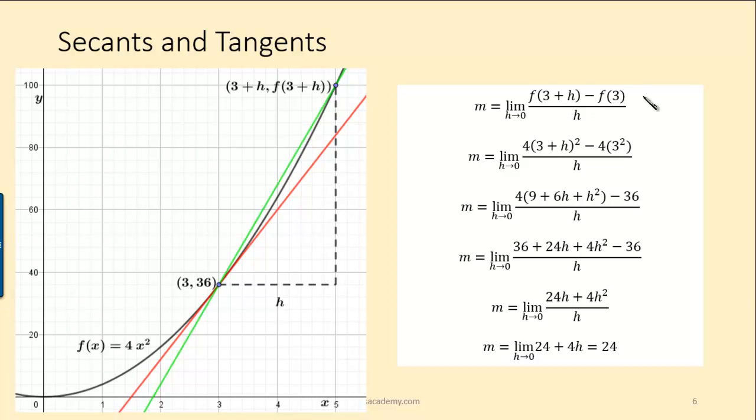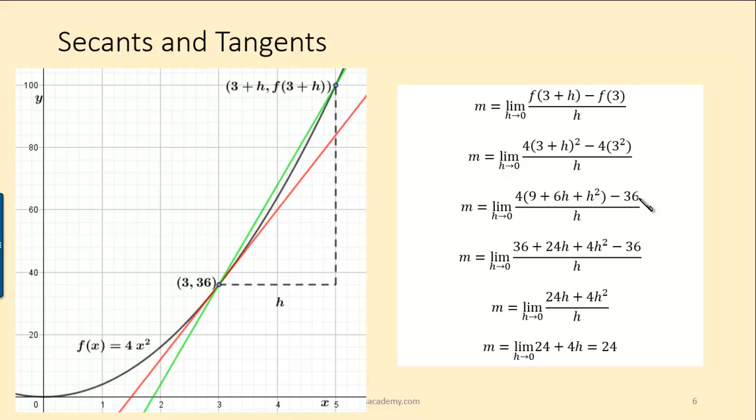So once again, we have to get these values, f of 3 plus h. Well, wherever there is an x, we put 3 plus h. And then it's minus f of 3. That gives us the rise here. We know that f of 3 is 36, but let's do it this way. We put 3 where the x is, 4 times 3 squared. And then we expand this out, and so that gives us what we have here.